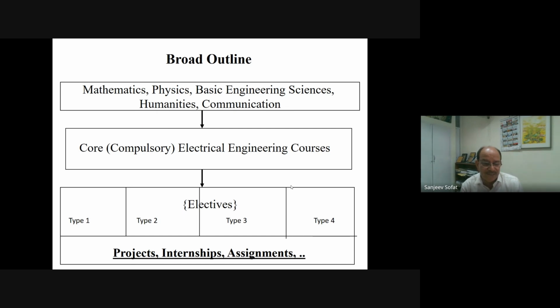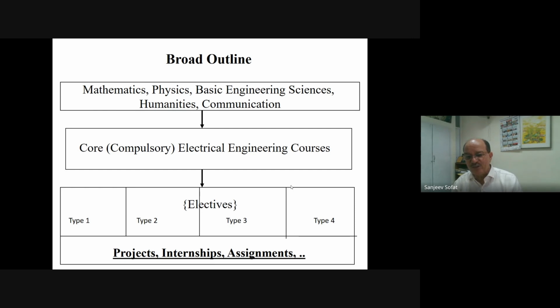Maybe in one basket there are 10 electives, and the student can choose 5 out of those 10. And there can be 3 or 4 baskets. Obviously there can't be a very strict compartmentalization. There may be some elective which is in one basket as well as in another basket. So while designing the curriculum, I have to think about how exactly this basket approach can work.